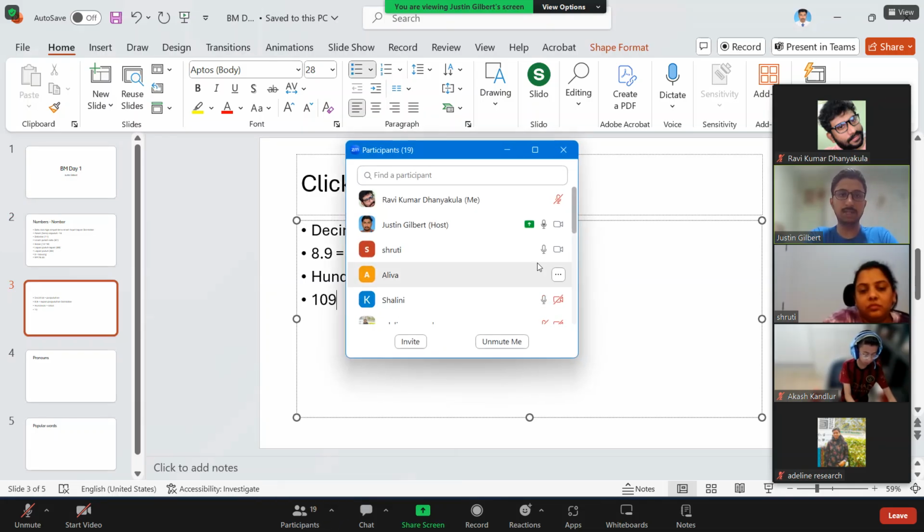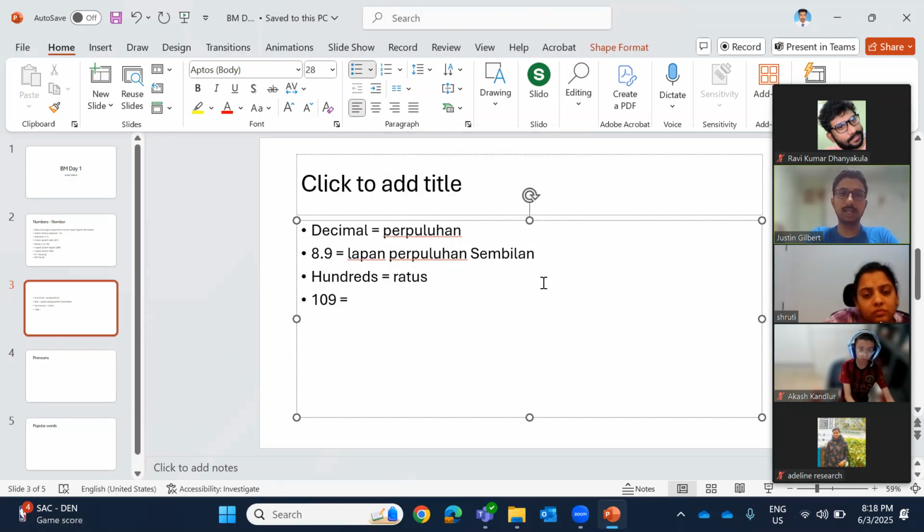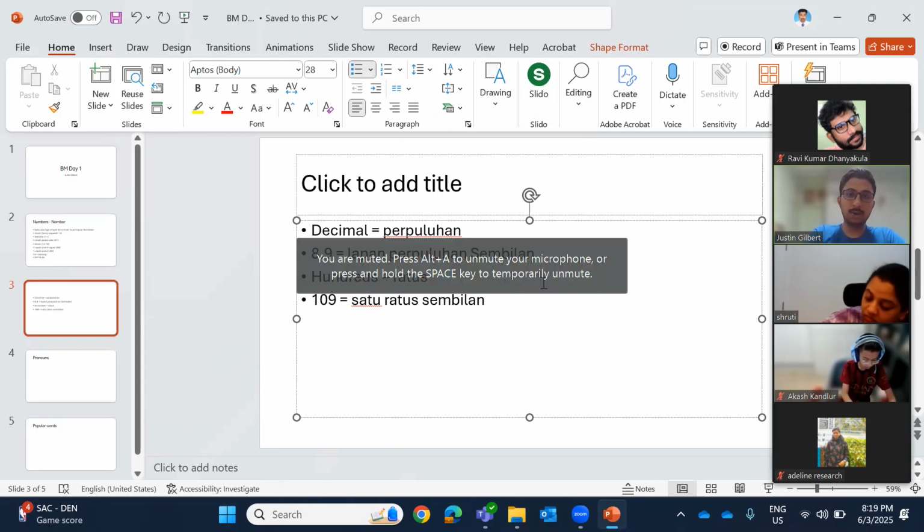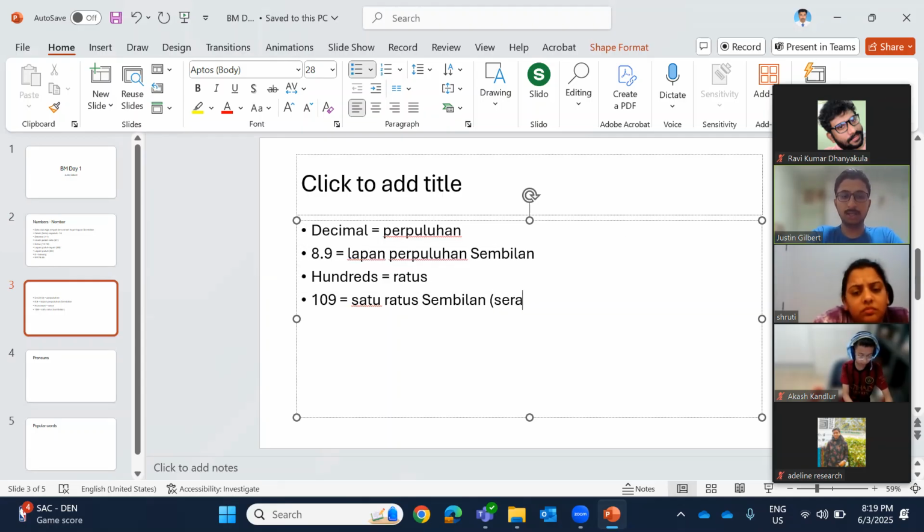So if I have 109, I can say satu ratus sembilan. The first number, the word ratus and the word sembilan, because in this case we have 09. So I don't have 19 or 29 or 39 in that case. Or there's another word, the same way we say sepuluh, we can also say seratus for 100. So I can also read 109 as seratus sembilan.